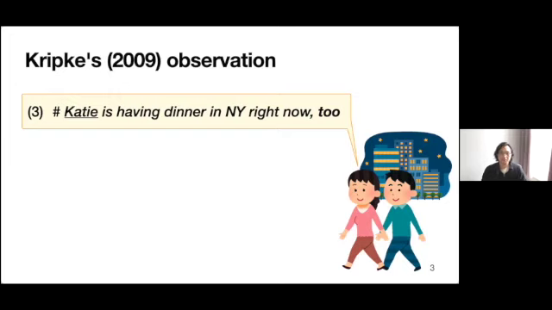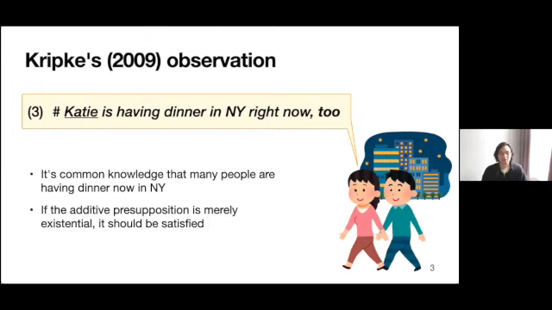This is very interesting in that if the additive presupposition were merely existential, it should be fine, because it's common knowledge that there is someone other than Katie who's having dinner in New York right now. There has to be at least one person who's having dinner in New York on a given day.